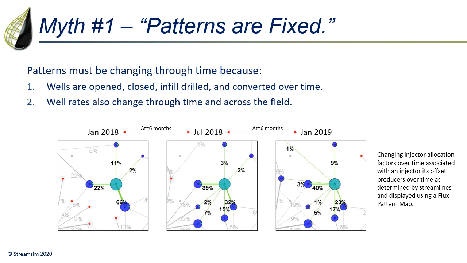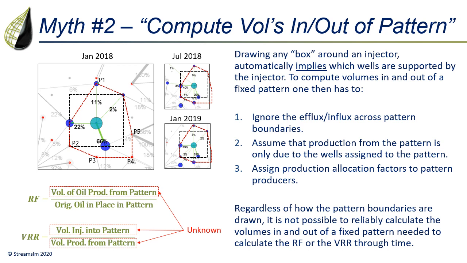In this example of a single injector displayed using the flux pattern map, the inverted pattern changes through time resulting from the changing flow field, or streamlines. Patterns are not fixed but instead change dynamically through time as the flow field changes in response to changing conditions at the wells.